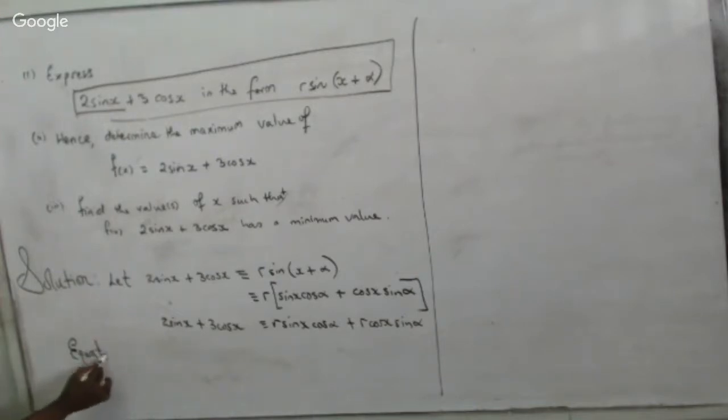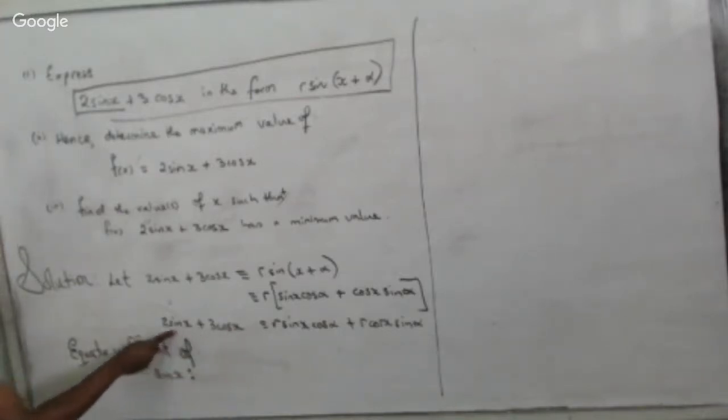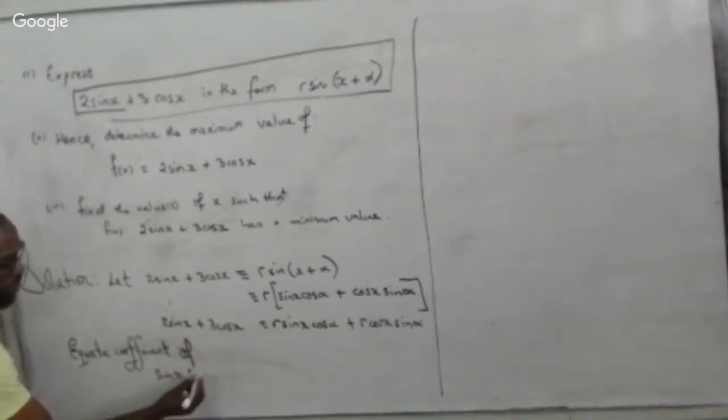What are we always going to equate coefficients of? We will always equate coefficients of sine first and then cosine after, or vice versa, but equate coefficients of both of them. Let's say we're looking at sine x first. We could have looked at cosine first, it doesn't matter. On this side, what multiplies sine x? So 2.